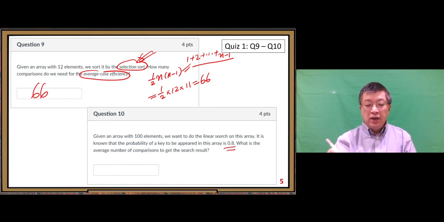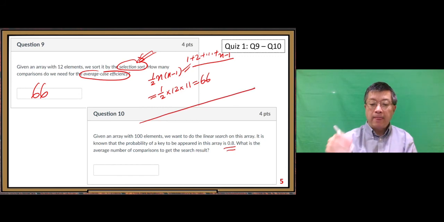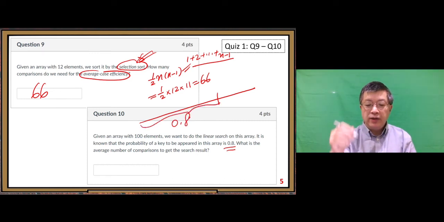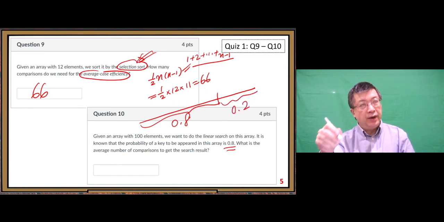We have that formula. 0.8, not percent, 0.8 chance the key is in the array, and 0.2 chance it is not in the array.